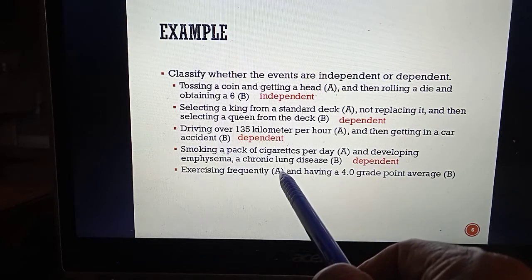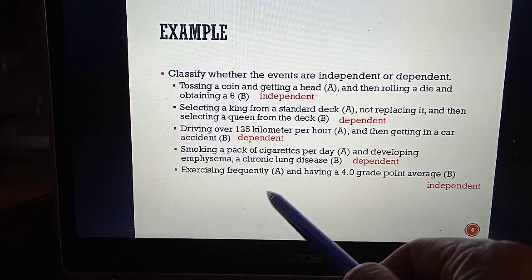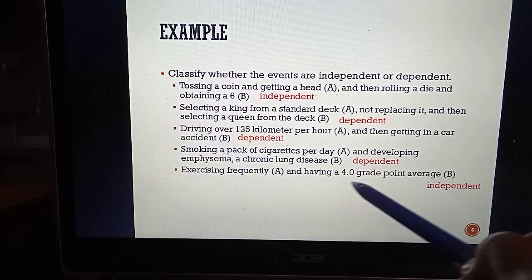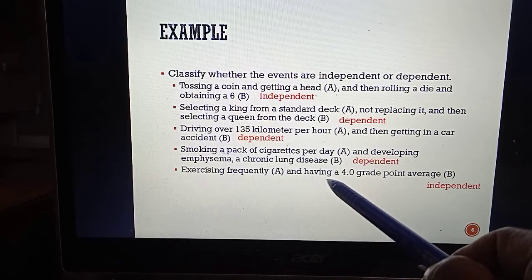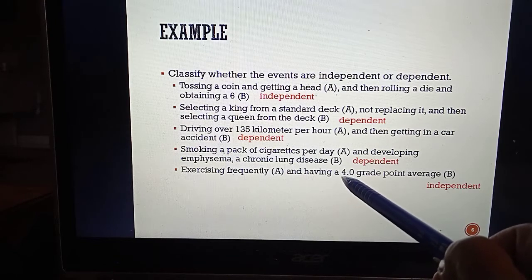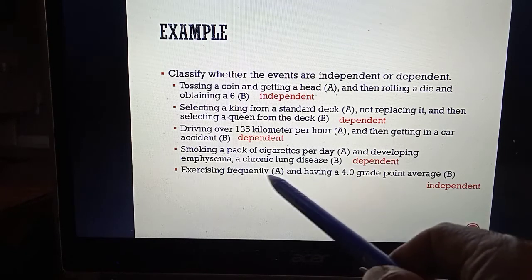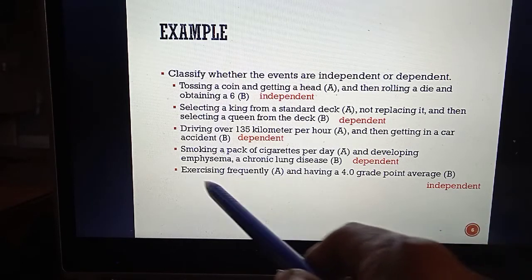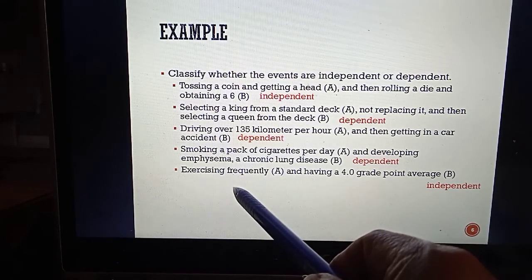Is this dependent or independent? This is independent because the results do not affect each other. Normally a grade in an exam is not based on exercising frequently.